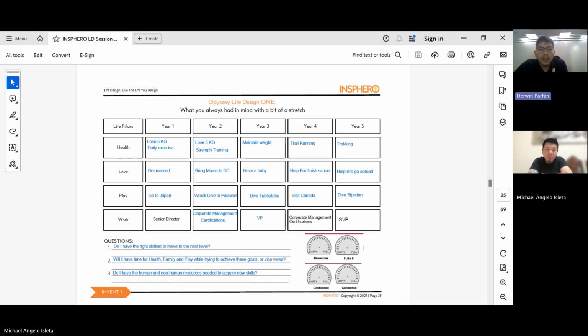It's aligned with the play aspect because I foresee this role to still be a hybrid setup, because nowadays I work three times in the office normally. If I continue that, I can still have that. So I'll make it simple. My years 1 to 5 for play is simply adding all of the countries in my bucket list.